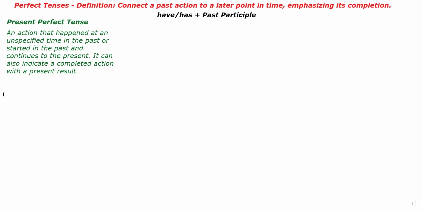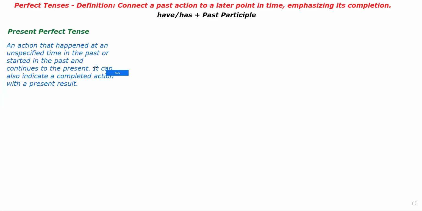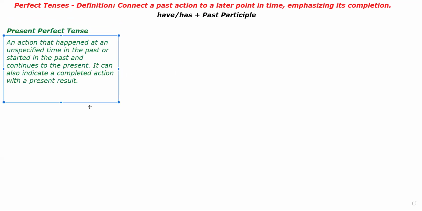Very good. So we can say, for example, we're just going to divide them by threes. 1, 2, 3, 1, 2, 3. That would be the present perfect tense. An example, we can say: I have finished work.